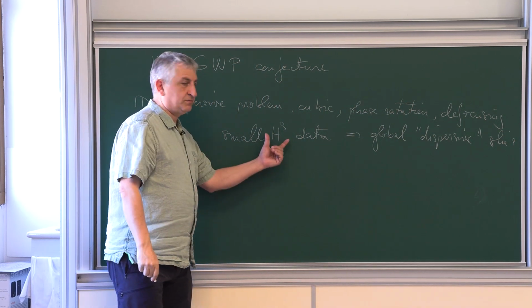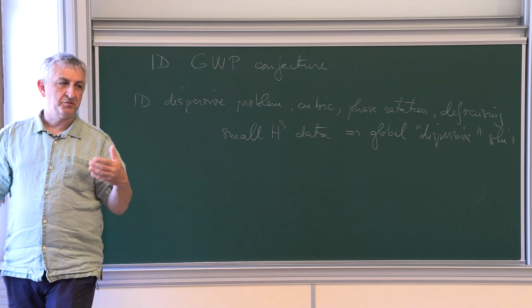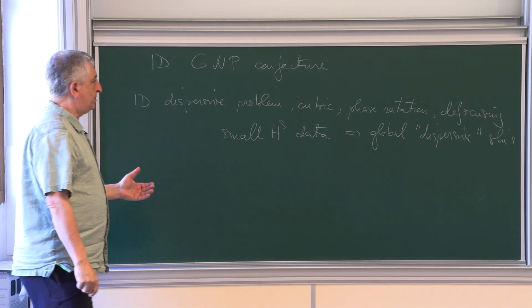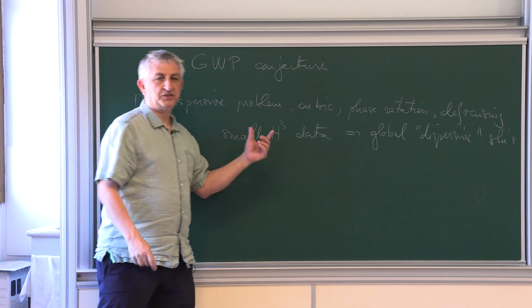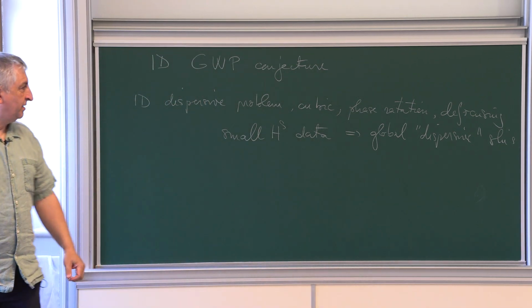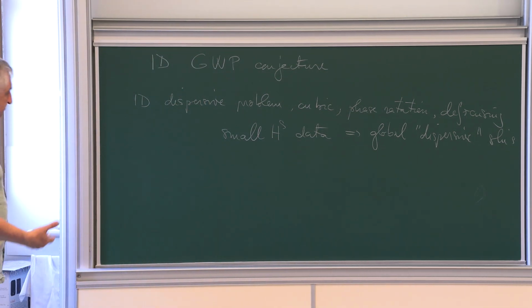And here, of course, what s is depends from problem to problem, but what is important in here is that there's no localization imposed on this initial data, so you have an arbitrary H^s function.